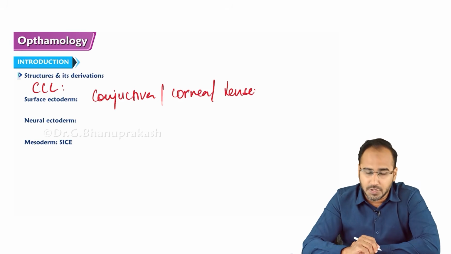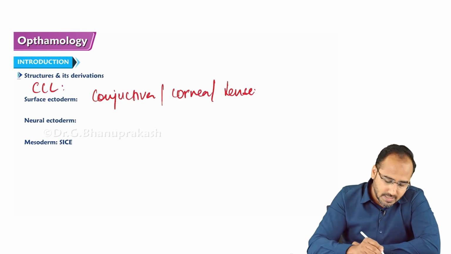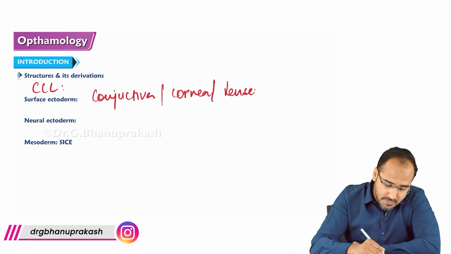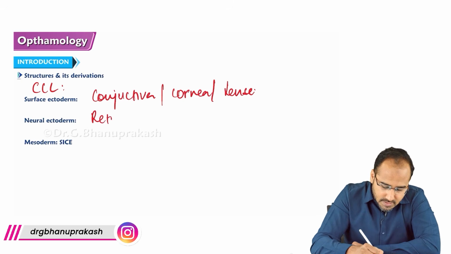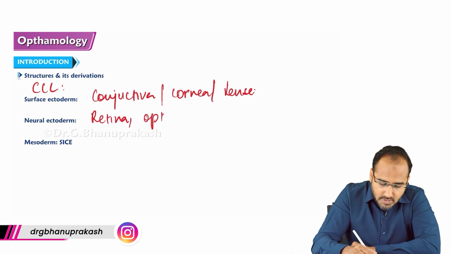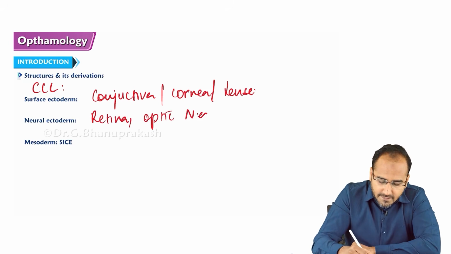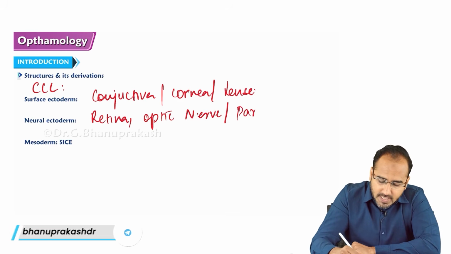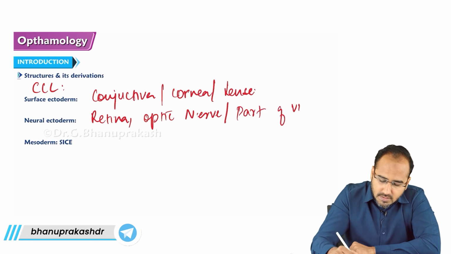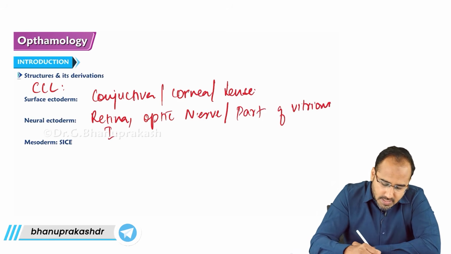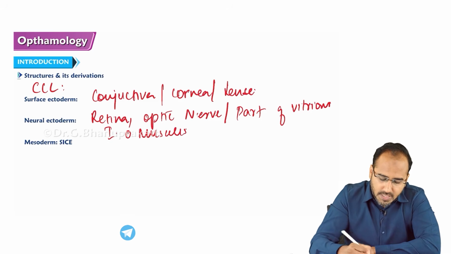Whereas from neural ectoderm, the structures derived are the retina, optic nerve, part of vitreous and intraocular muscles.